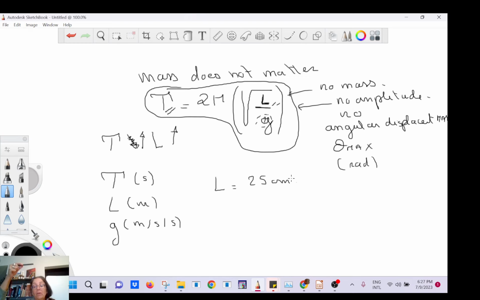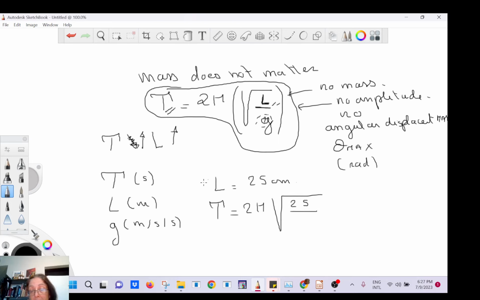So you can use your pendulum to make a stopwatch. Okay, so let's find out. That's what I claim. Let's plug it in. So T equals 2 pi. The length here is, let's say, 25 centimeters.